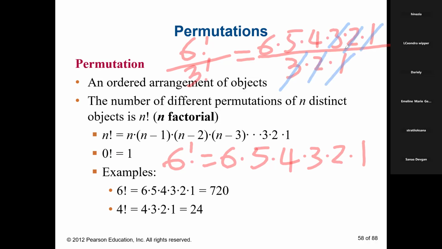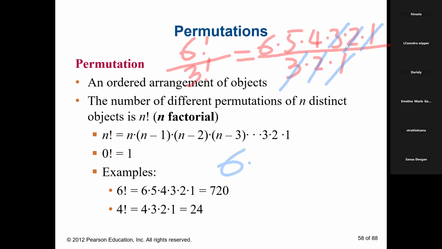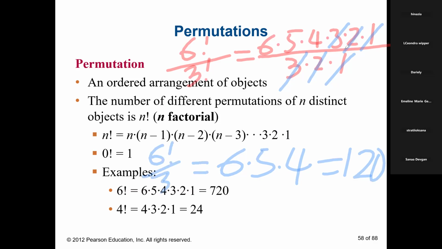And then you have only 6 times 5 times 4. Okay, 6 times 5 times 4. So that gives you 30. That will be 120. Okay, that's 6 factorial over 3 factorial.